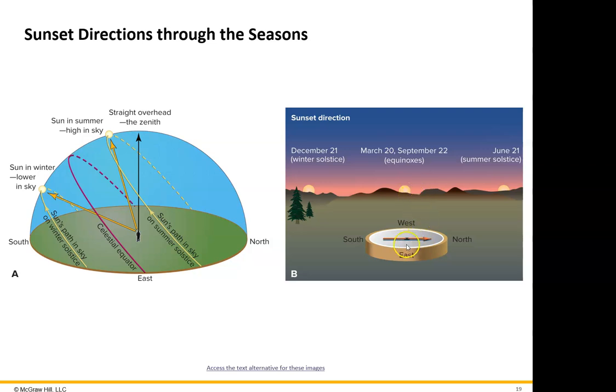If you were to look towards the setting sun, it exactly sets in the direction of west only twice a year, the first day of spring and the first day of fall, whether you're in the northern or southern hemisphere. It depends on where you are on the Earth.